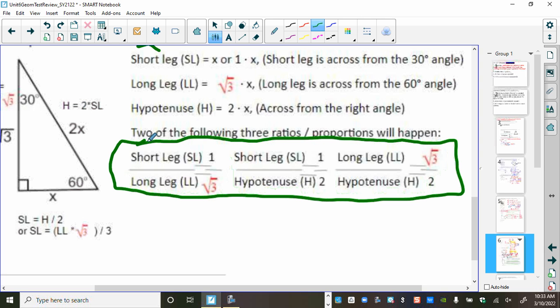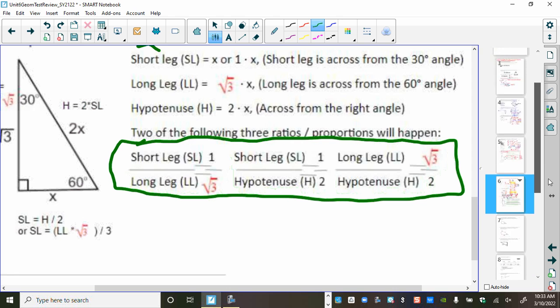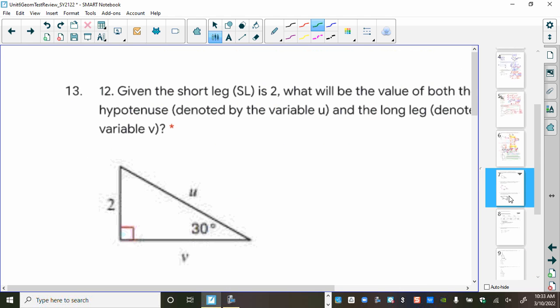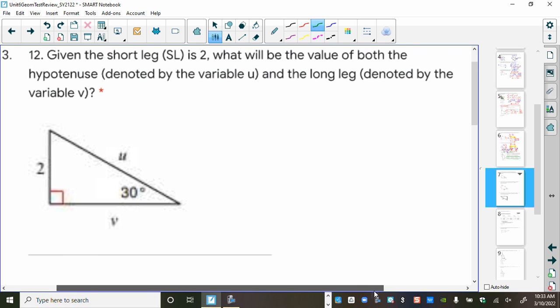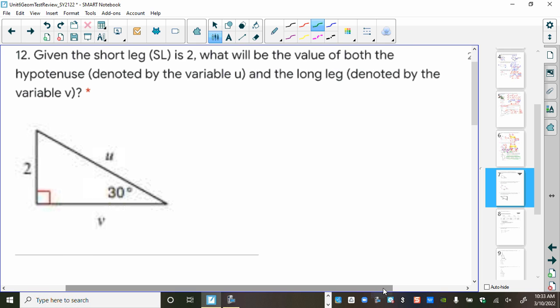All right. So what we're going to do now, let's go to the next problem. And what we need to do, we need to figure out, given what we have, what we need to do to solve the other two. So when we look at this triangle, we need to identify short leg, long leg, hypotenuse.